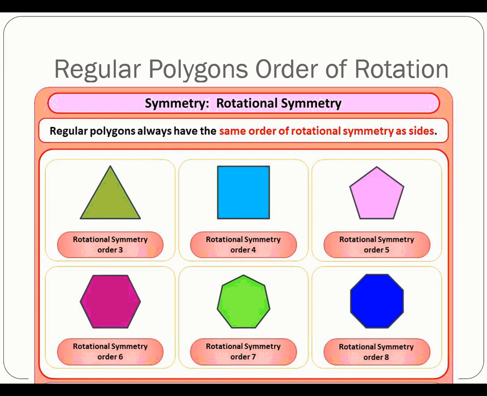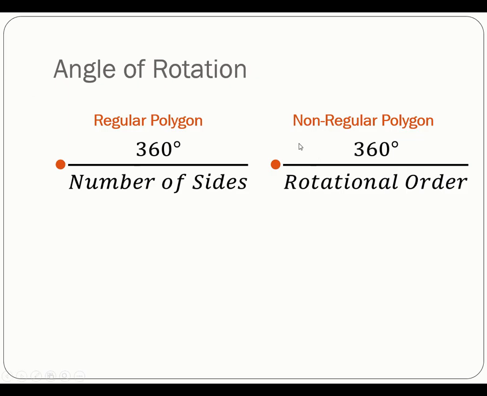Pretty cool. Then you were also trying to find a pattern for how to find the angle of rotation for a regular polygon. What you do is 360 divided by the number of sides. If you have a non-regular polygon, you can't necessarily divide by the number of sides, but you divide by the rotational order.